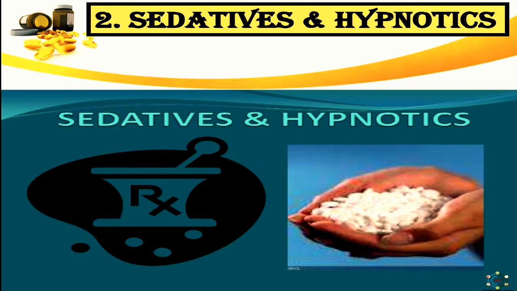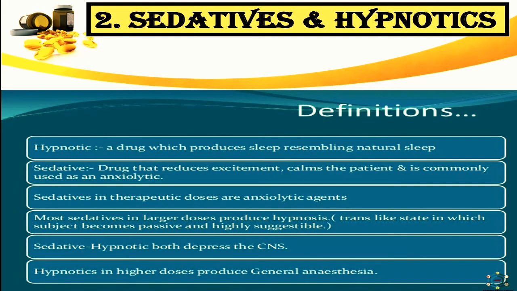And the examples are barbiturates and benzodiazepines. So, here are some definitions. What is a hypnotic? A drug which produces sleep resembling natural sleep. What are sedatives? Drugs that reduce excitement, calm the patient, and are commonly used as anxiolytics.